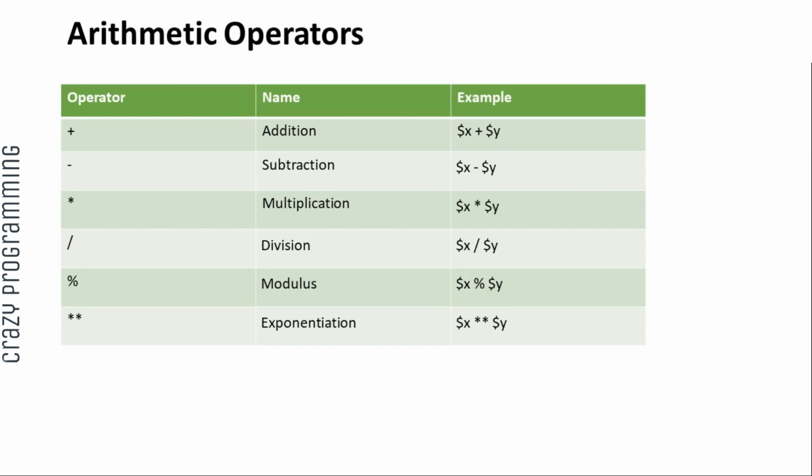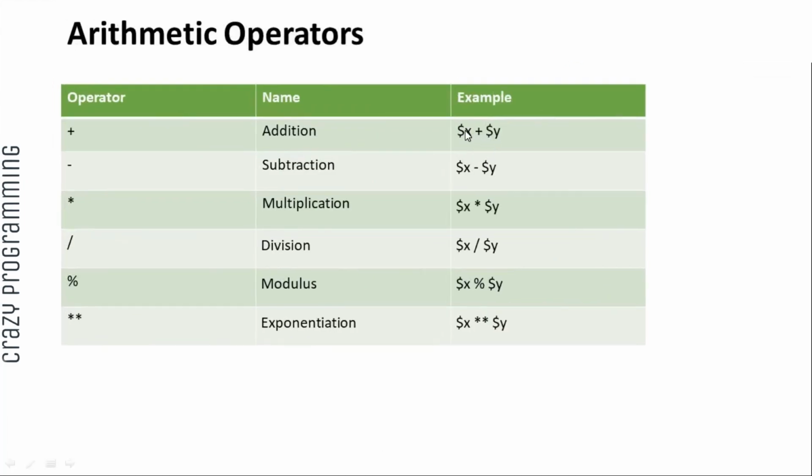Okay, so you can see the example in the addition. I use the x variable plus the y variable to add two variables. Then in subtraction you can check out I am using the first variable minus the second variable. In multiplication I am using x asterisk y.